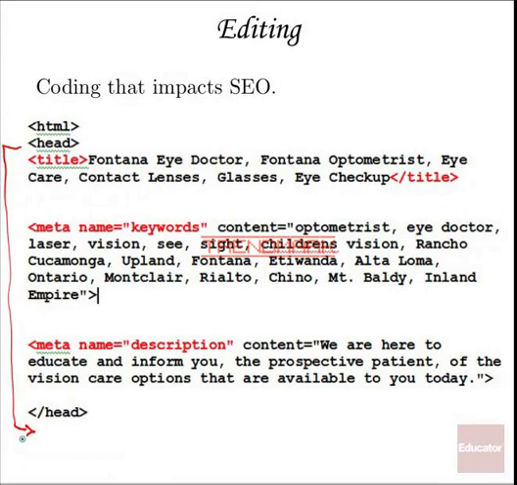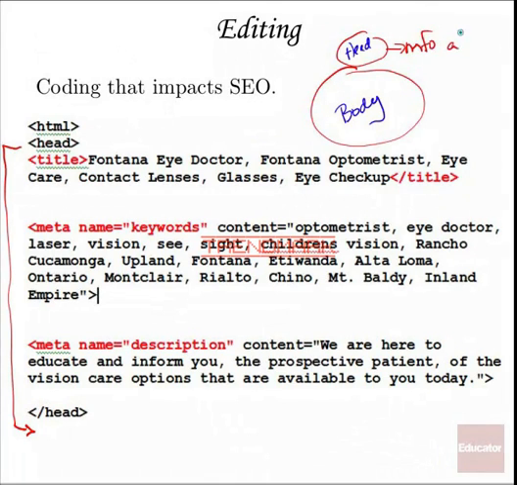There's two sections on a website. If I was to draw a figure 8 here, or a snowman, this is the head section, and this is the body. The head section is information about the site itself. The body section is information about the business.